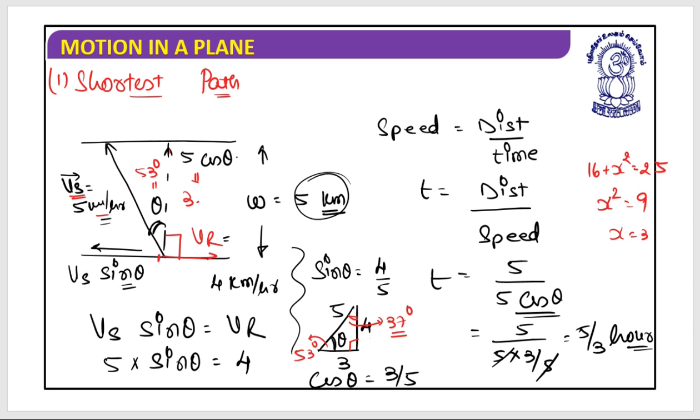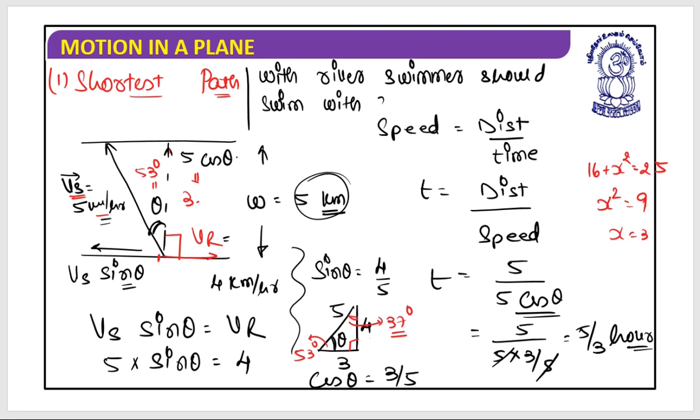So a very important conclusion: with the river, the swimmer should swim with 90 plus 53, that means 143 degree.